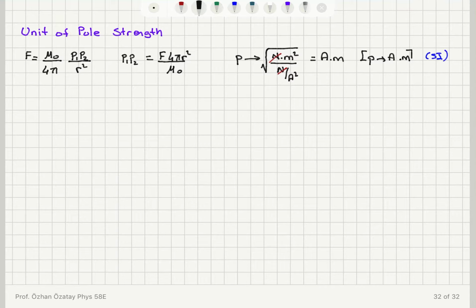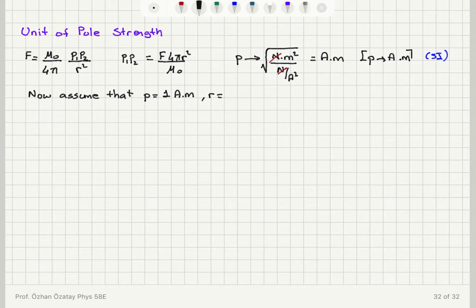Now in order to convert to CGS, let's give some values. Now let's assume that I have a pole strength of 1 ampere meter.